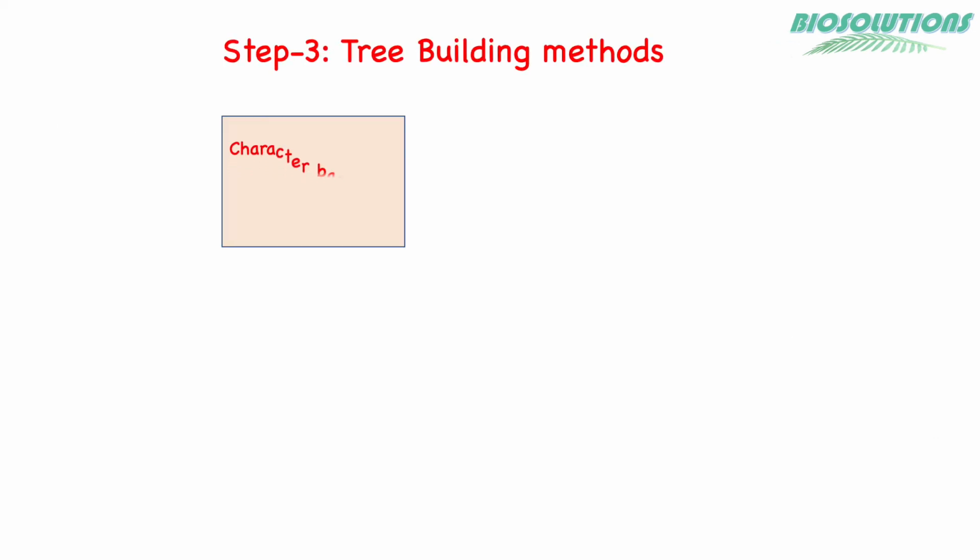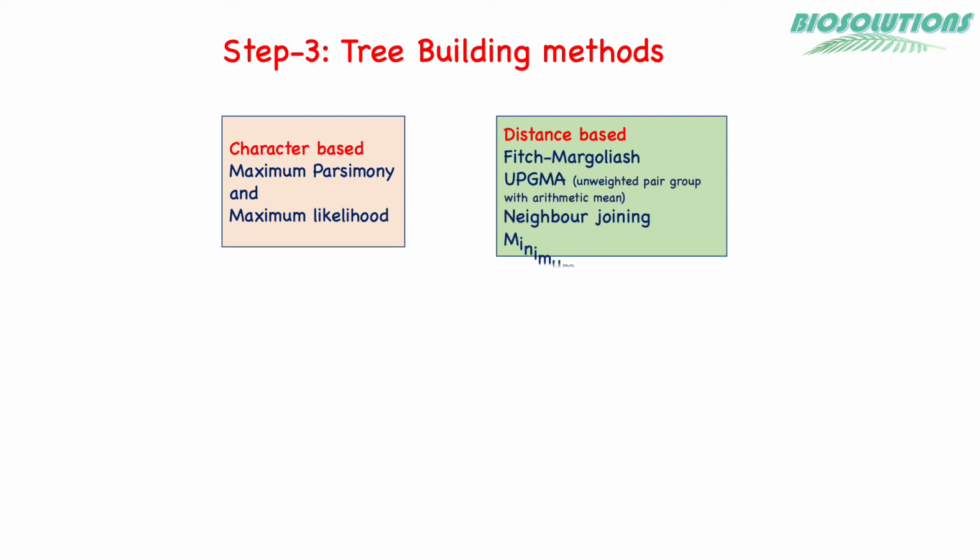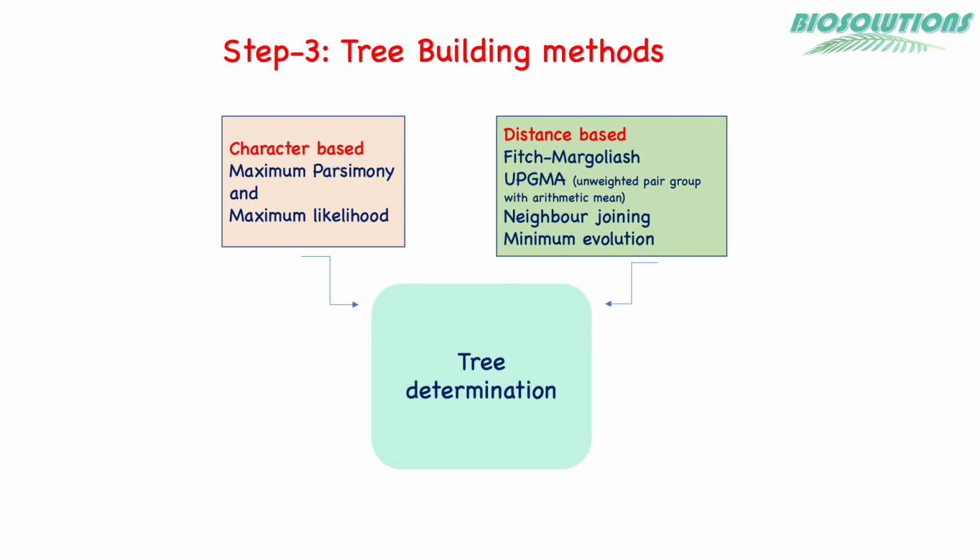The next step is the use of tree building methods, which could be character-based methods like maximum parsimony and maximum likelihood, or distance-based methods like Fitch-Margoliash or unweighted pair group with arithmetic mean, neighbor joining method, or minimum evolution methods. These methods use complex algebraic calculations to find a tree that best accounts for the observed sequence variations.